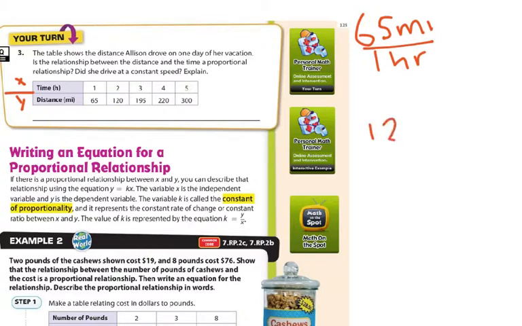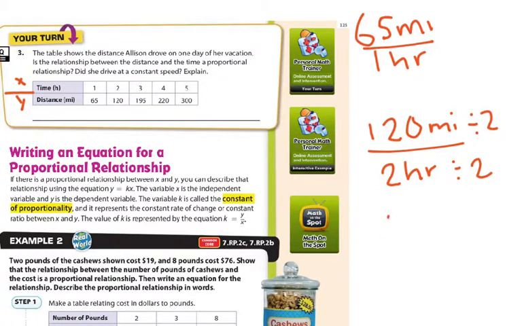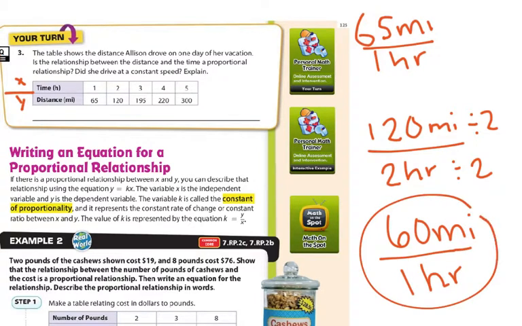So 120 miles per 2 hours. The stylus is kind of weird, so sorry about that. If I simplify this, then I'm going to divide by 2, and I end up with 60 miles for 1 hour, which already does not match this one.